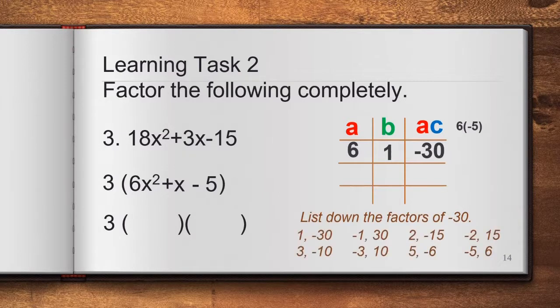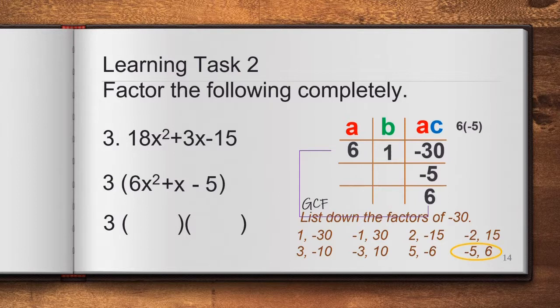So, nilista yung factors ng negative 30 and pinili yung magiging positive 1 kapag pinag-plus. So, negative 5 and positive 6 yon. We will write it there below AC. And then, anong GCF ng 6 and positive 6? The answer is 6.